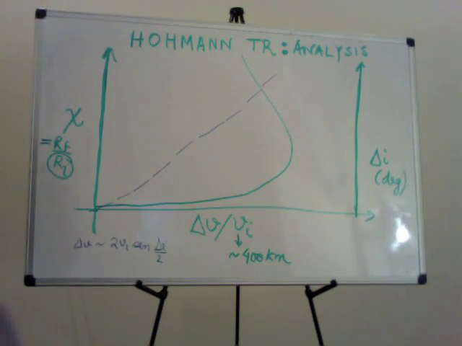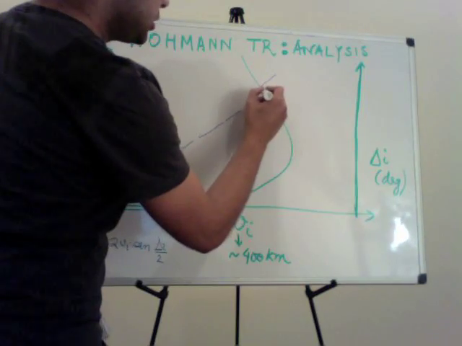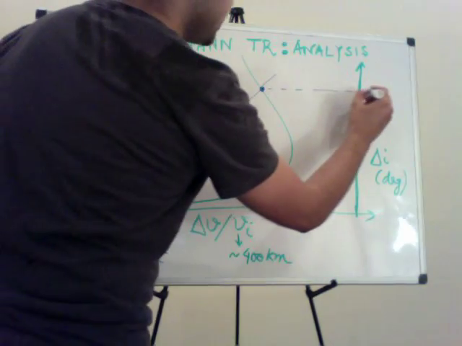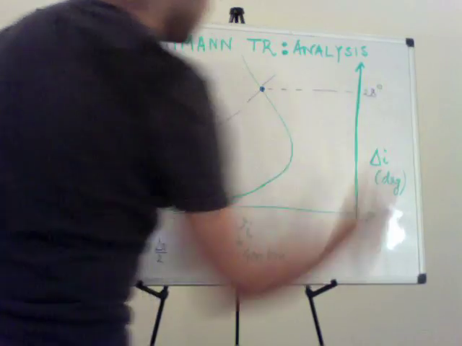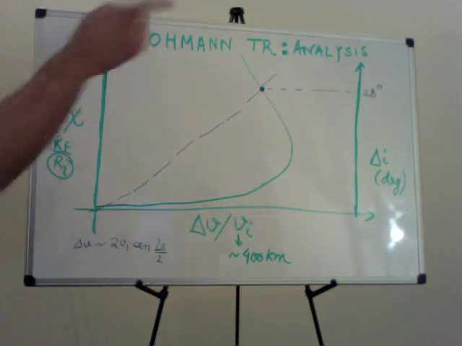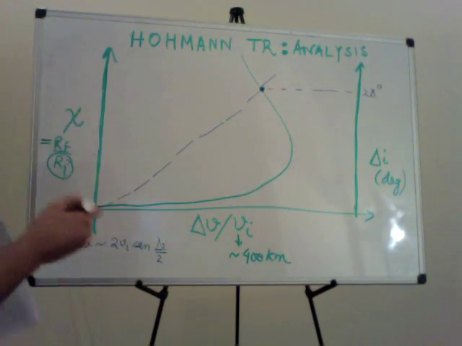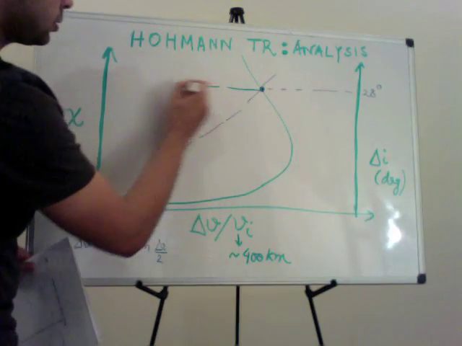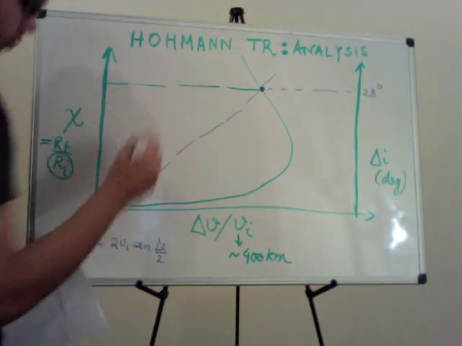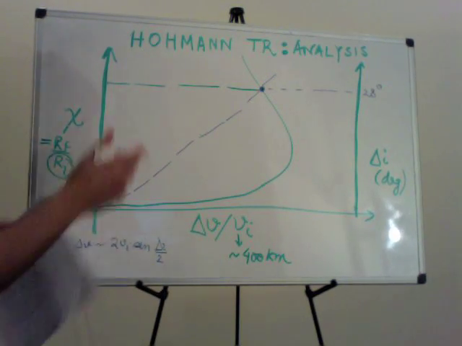Here's the meeting point, and this is about 28 degrees on the delta I side, and the corresponding chi over here is about 95 or so.